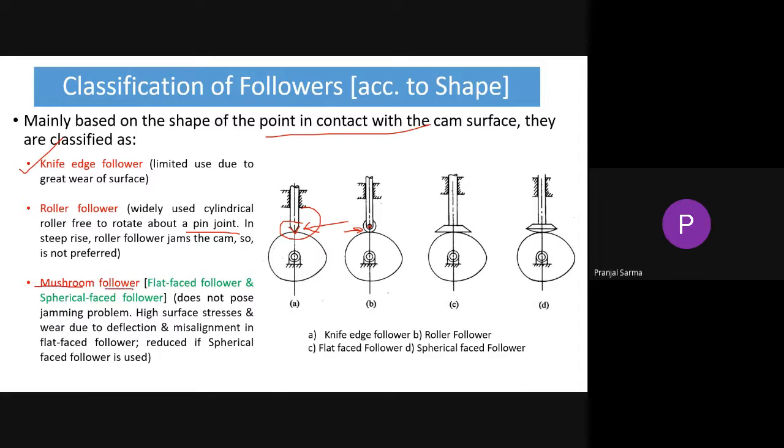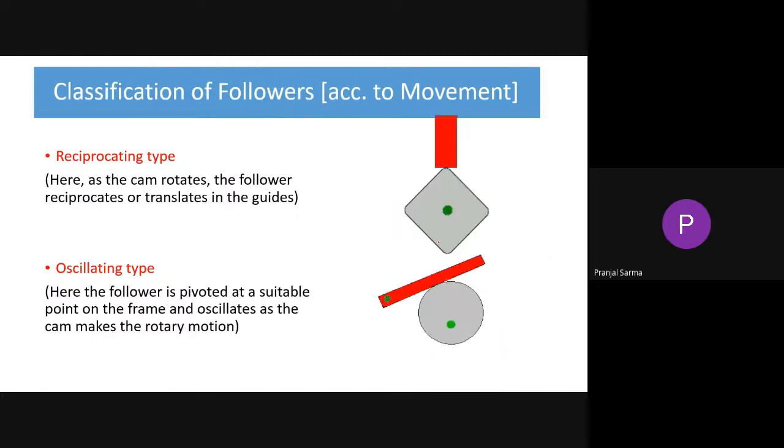Under that, we can have flat face follower and spherical follower. Generally they don't have the problem of jamming, but high surface stresses and wear are there due to deflection and some misalignment. So for that we use the spherical face follower, where some of these problems might be reduced.